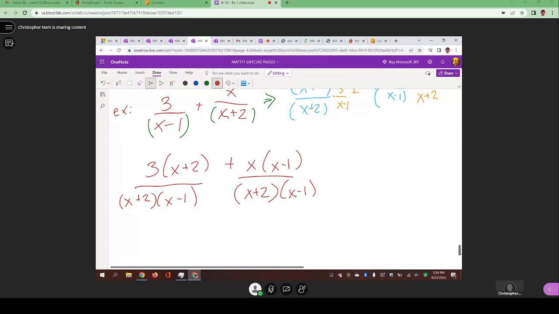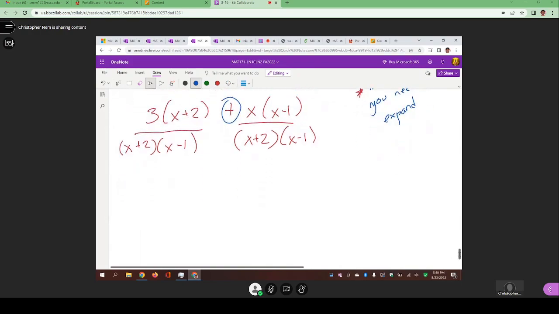However, your numerator, you need to expand. And why do I need to expand the numerator? Because this addition is messing things up. If I actually add these together, we're going to have 3(x plus 2) plus x(x minus 1) all over the same denominator, right?